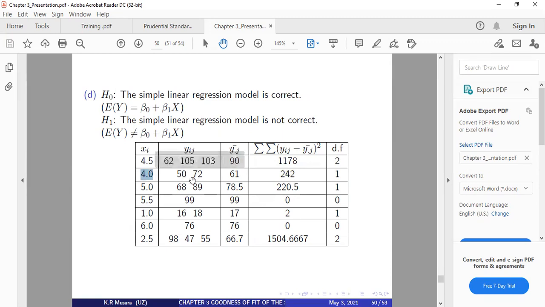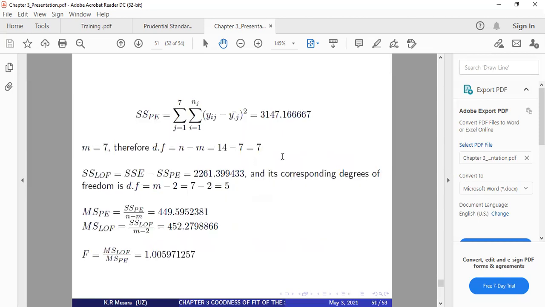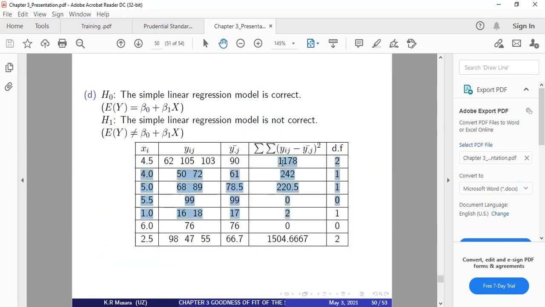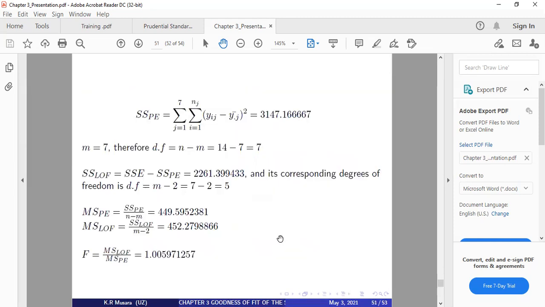That's 2, so it's 2 minus 1, which is 1. You do the same for others. These are the degrees of freedom. If you sum all this, the summation under the fourth column, you should get the value 3,147. That's the value that you get from that summation.